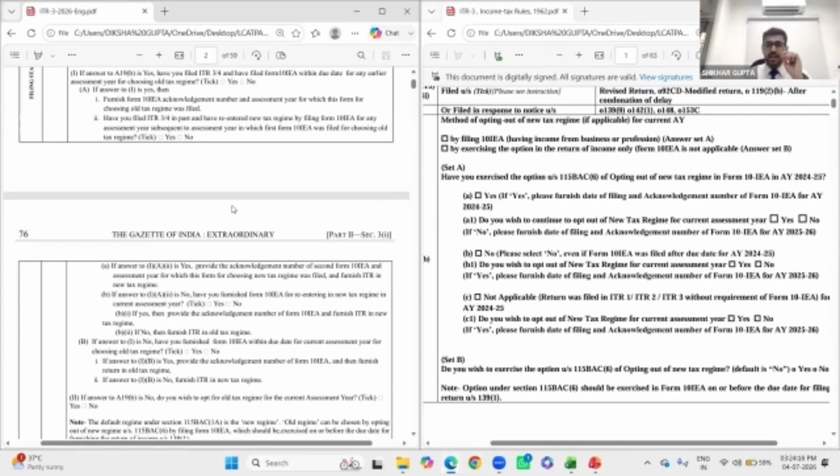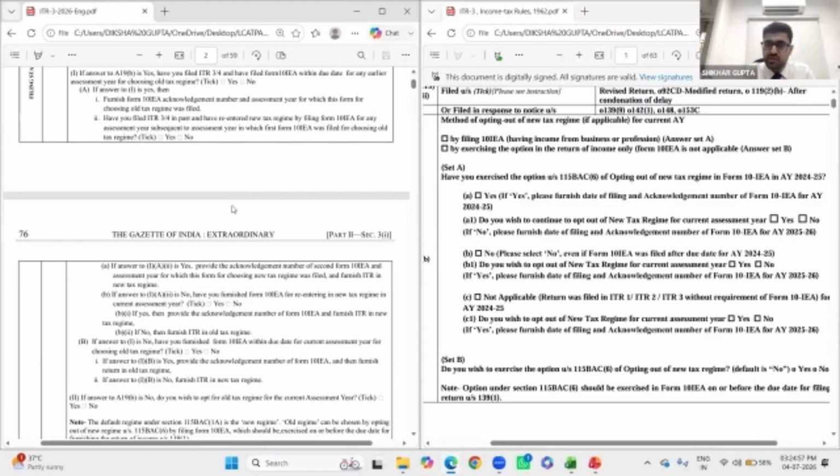And by Finance Act 2023, the new regime had been made the default regime, and the old regime was put under the optional clause. तो इसी समय क्या हुआ कि they introduced a new section which is Section 115BAC subsection 6. 115BAC subsection 6 को लाने का पर्पस क्या था? ओके, इसका पर्पस ये है कि अगर आप ओल्ड regime चूज कर रहे हैं, just listen to this point first.